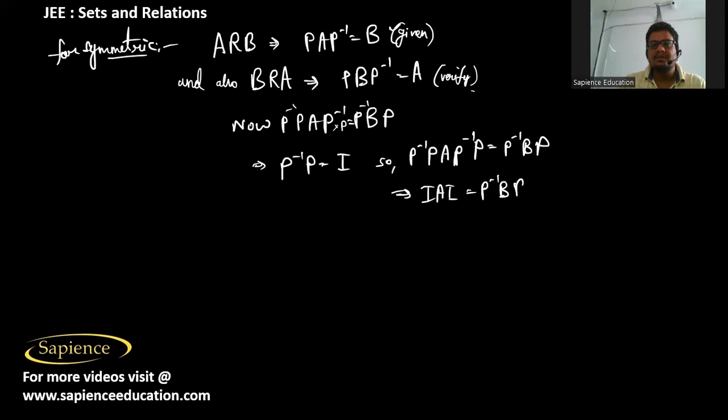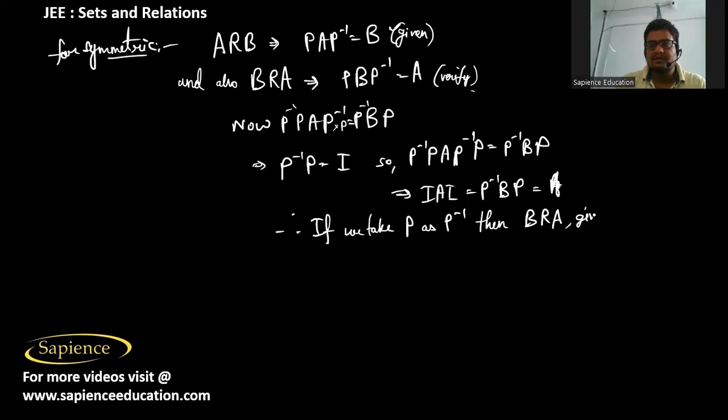P inverse BP is equal to A only. So therefore, if we take P as P inverse, then only we can tell that B is related to A.